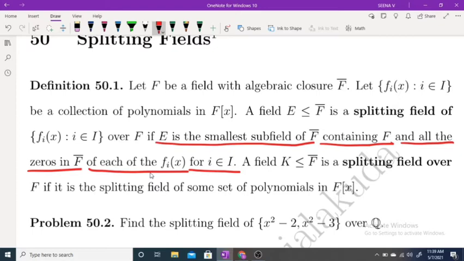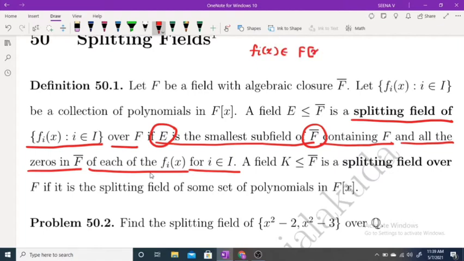A field E, subfield of F closure, is a splitting field of {f_i | i belongs to I} over F if E is the smallest subfield of F closure containing F and all the zeros in F closure of each f_i, because f_i is a polynomial in F[x], and we know that all the zeros of f_i must be contained in F closure.